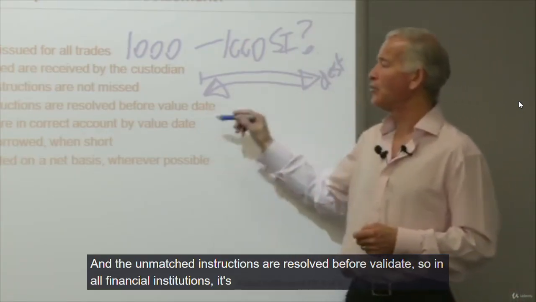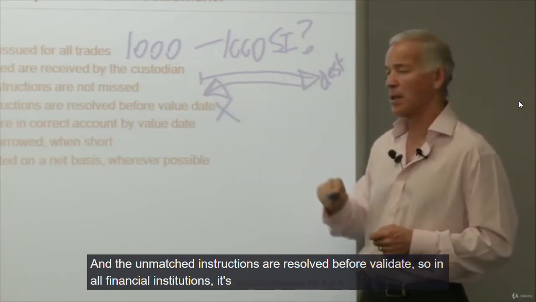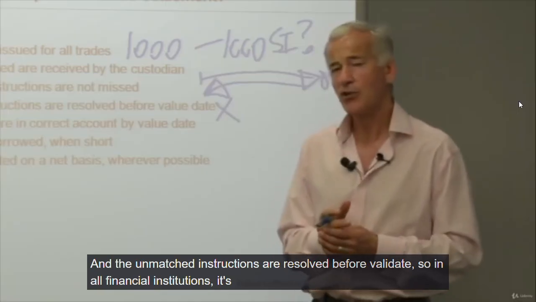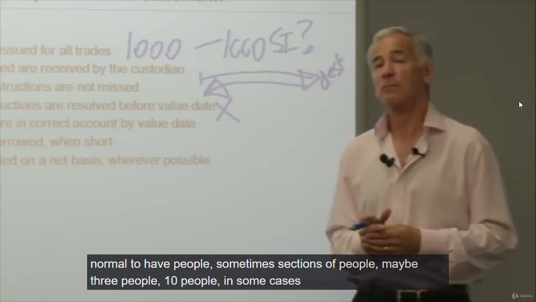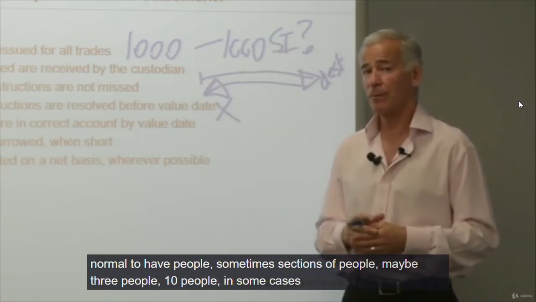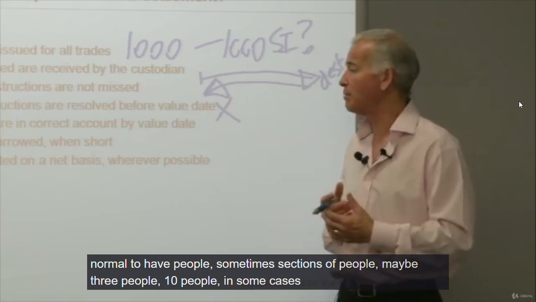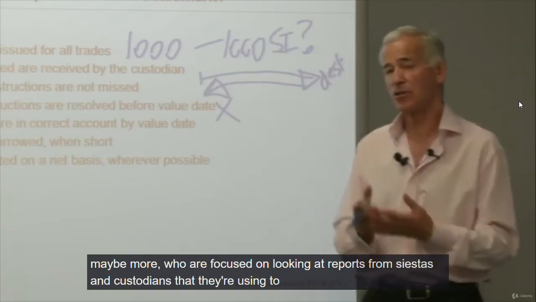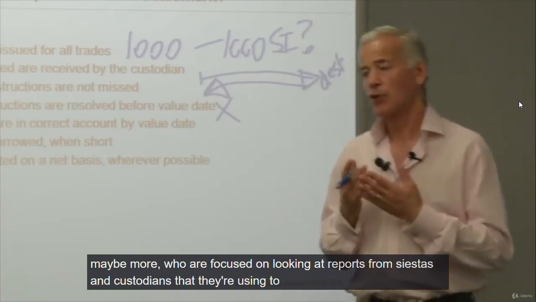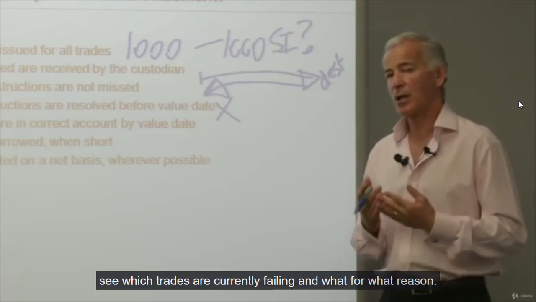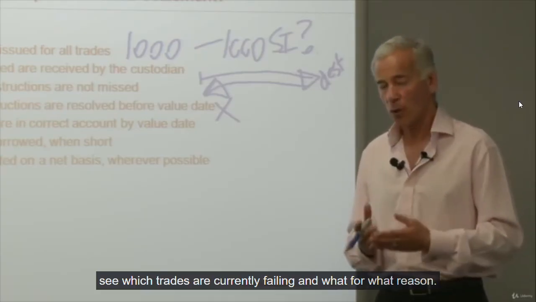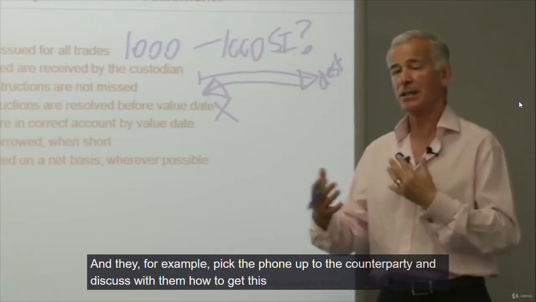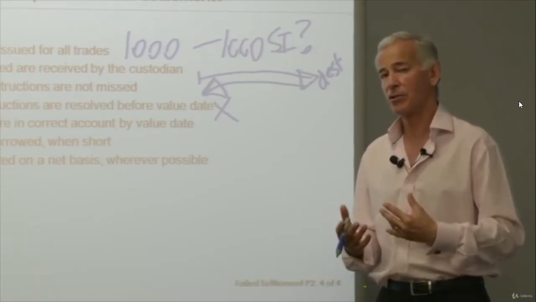Any unmatched instructions are resolved before value date. So in all financial institutions, it's normal to have people, sometimes sections of people, maybe 3 people, 10 people in some cases, maybe more, who are focused on looking at reports from CSDs and custodians that they're using to see which trades are currently failing and for what reason, and they, for example, pick the phone up to the counterparty and discuss with them how to get this trade matched.